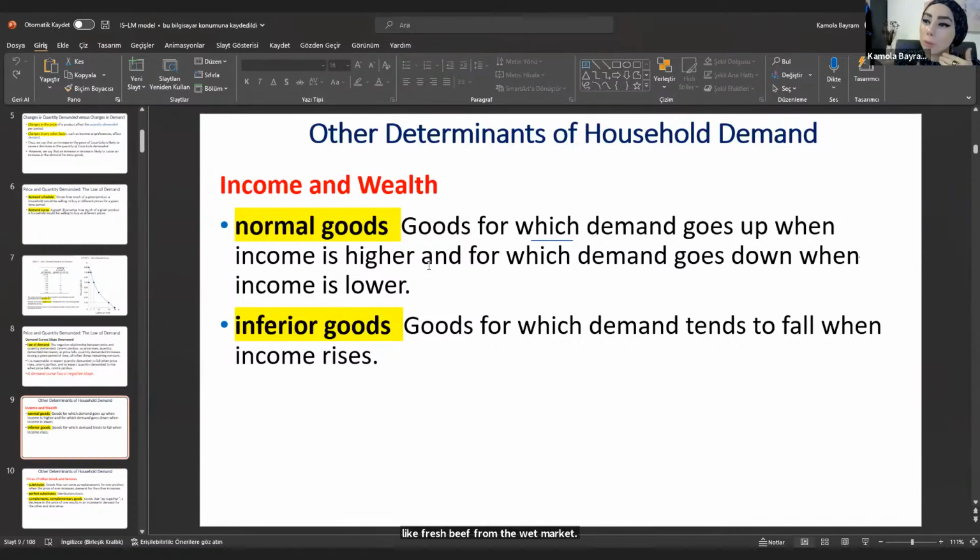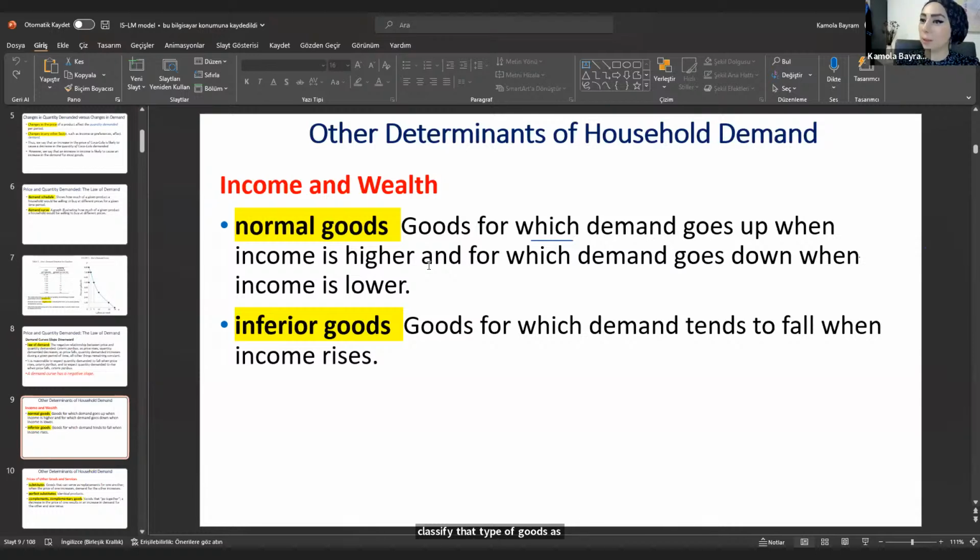As my income rises, I will consume more fresh meat or fresh fish, or I will buy branded clothes. So my demand for normal goods will increase. If your demand increases when your income increases for the same good, then you can classify that type of goods as normal goods.